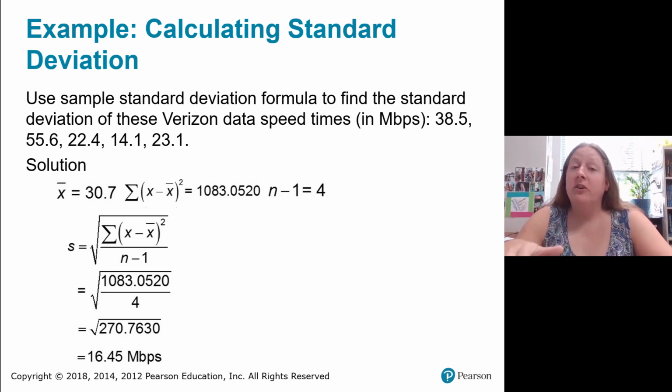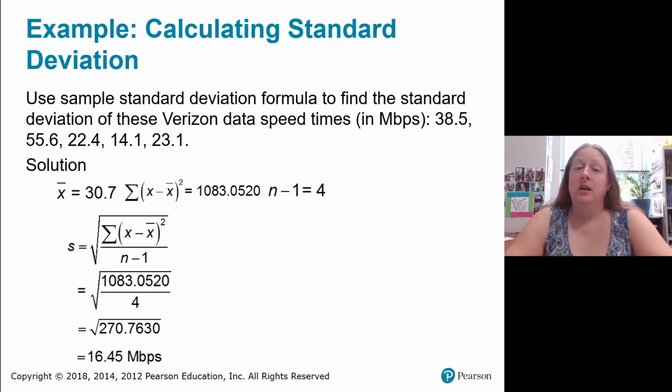Once we've done that for all 5 data values, we will add them all up. When we do that, we get 1083.0520. So what we've done is come up with the numerator of our fraction that goes into our square root to find the standard deviation.